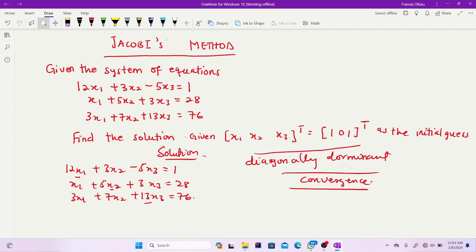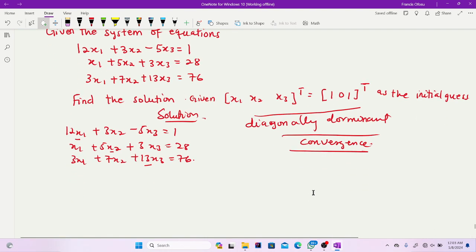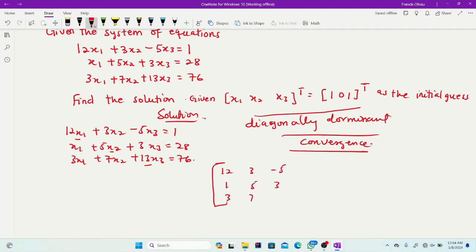So diagonal dominance means that when I take the absolute of my entries, if I represent this as a matrix, I'll have something like this: 12, 3, negative 5; 1, 5, 3; 3, 7, 13.